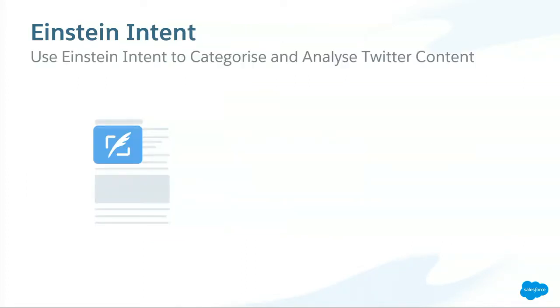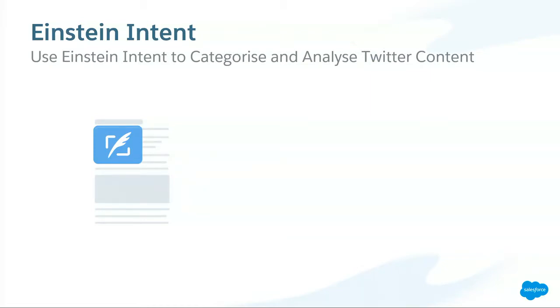Einstein Intent is part of Einstein Language API. We can use it to categorize and analyze text inputs. This intent can be conveyed in social media text posts. We can also convey information through words, sentences, phrases.